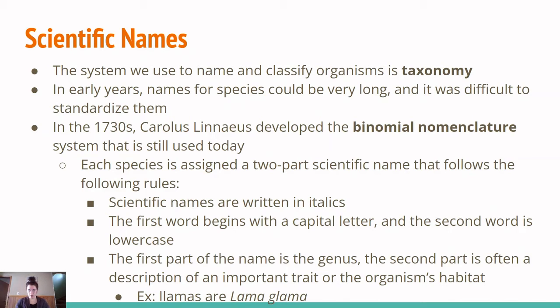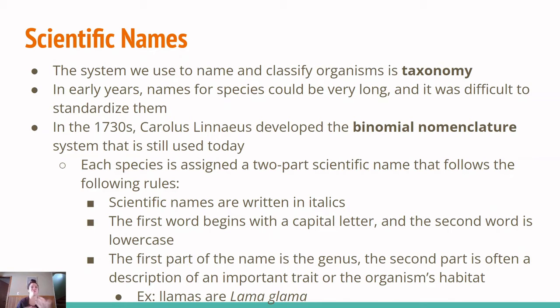And so how we go about doing this, the first part of that name is always going to be the genus, and we'll talk about that organization system here in a little bit. Okay, but the first word is the genus. The second word is something that is descriptive, either describes a trait of the organism or something about the organism's habitat, but that's what specifies the species, and they try and make it, again, somewhat descriptive so that it makes sense.